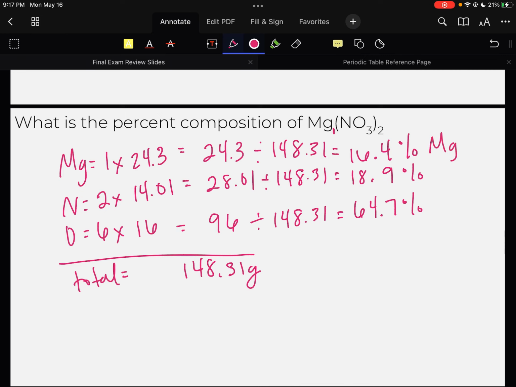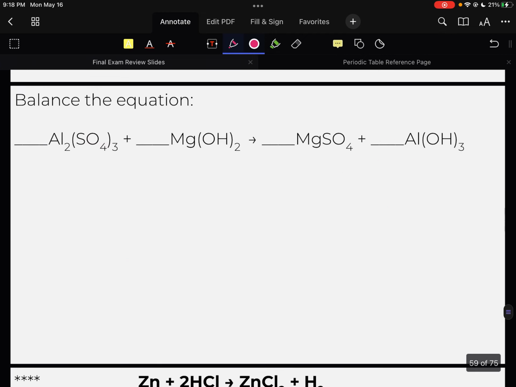Okay, so this is my final answer, is all of this here, because I asked what was the percent composition of the whole thing. On the test, I may ask you, what's the percent composition of nitrogen? You would still have to solve the whole question, but you would just tell me 18.9%. Because I just asked for nitrogen. But you can't solve for just nitrogen without solving for the whole thing.